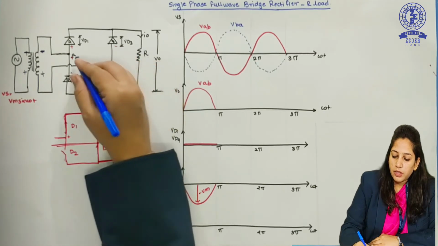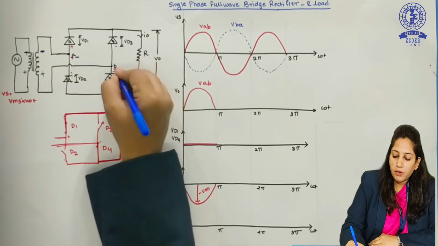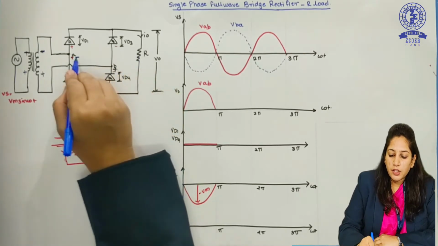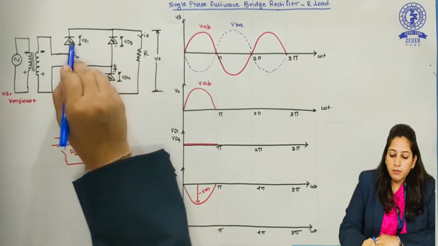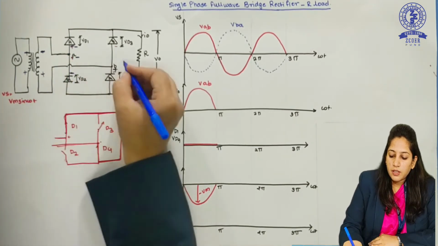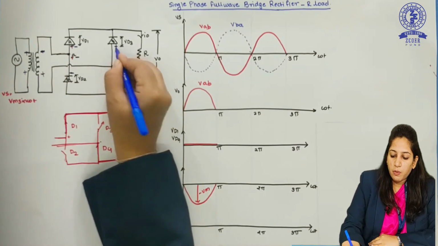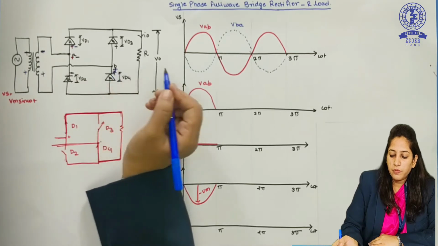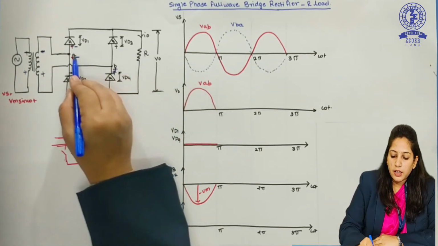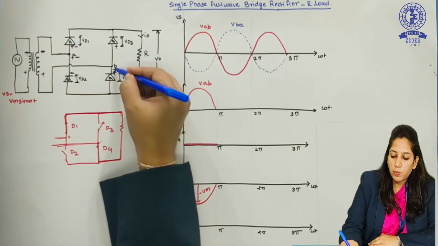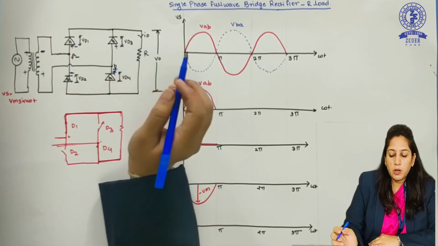So now A will be negative and B will be more positive. So the D1 terminal here will become negative, and D3 and D4 terminals will become positive. A terminal is more negative, so these two terminals will become negative. B terminal is more positive, so these two terminals will become positive.